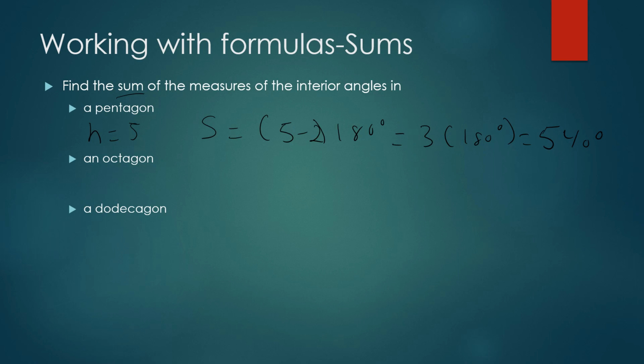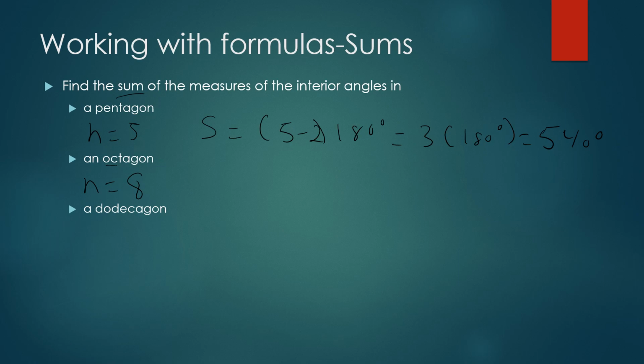This does not mean that each angle is 540 degrees. We don't have anything else other than just the sum of it. In an octagon, we need to figure out what n is. Remember from that identifying exercise? This is 8. Think of oct, like October, even though I know that's the 10th month.